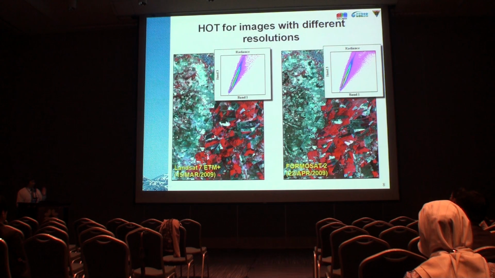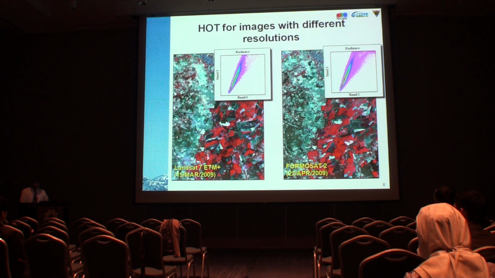The ground cover, the ground objects, are almost the same, because you can see the dates of the image creation are almost the same. But you can see the scatter plot of the Formosa image spreads over larger areas.